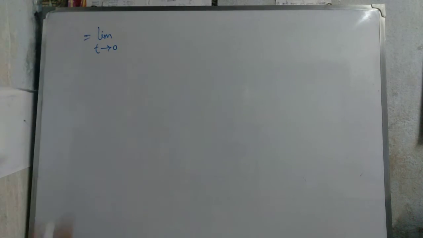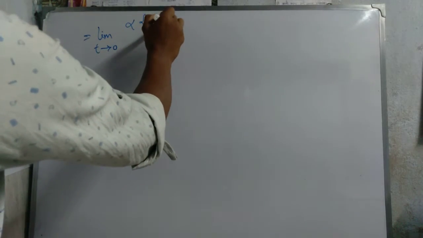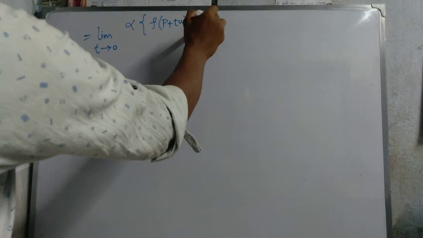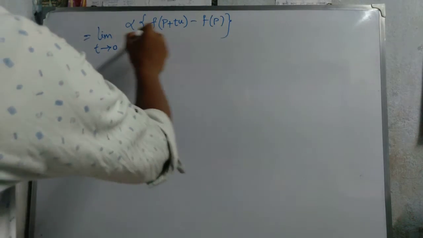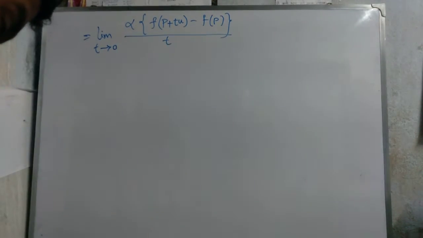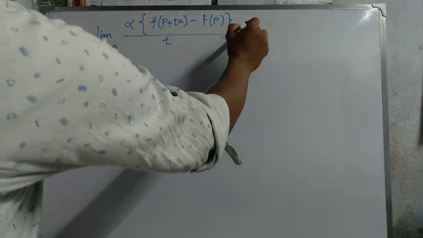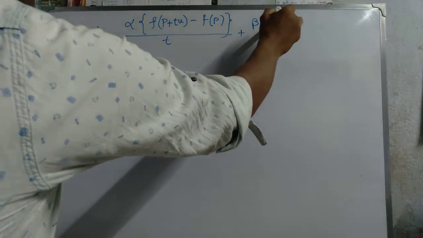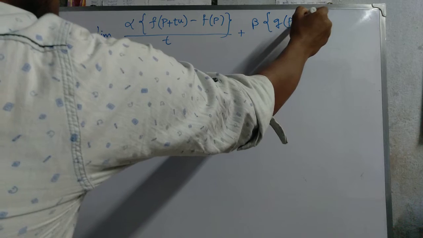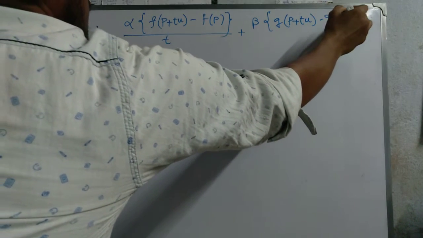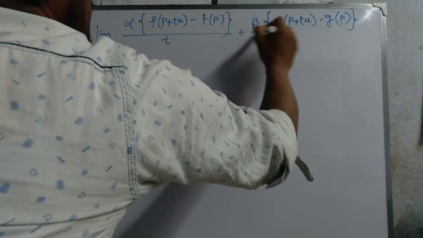Limit t tending to 0 of alpha times f(p plus tu) minus f(p) by t, plus beta times g(p plus tu) minus g(p) by t.